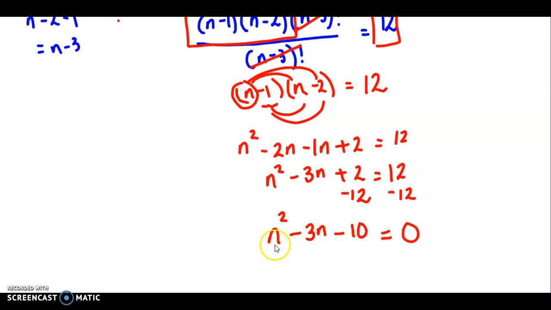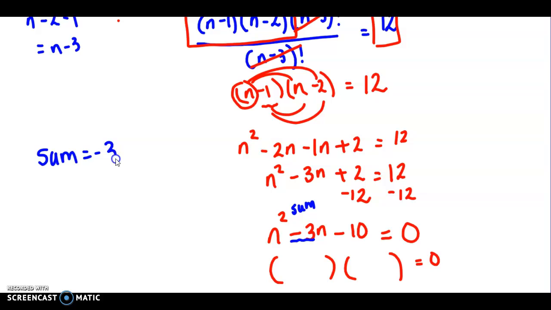So now we're going to finish solving. We have to factor this trinomial. We're going to factor by using sum and product. So we need a sum of the number in front of the n, so we need a sum of negative 3.